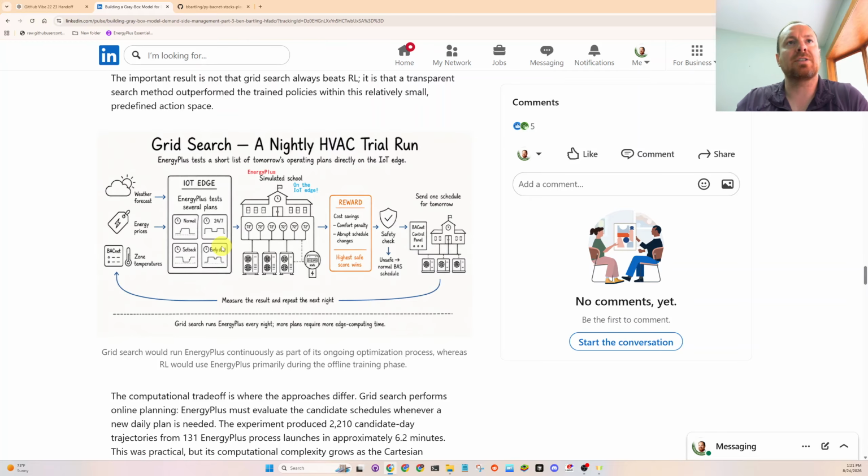That would be ingesting weather forecasts and energy prices, iterating on this calibrated model, and running a reward policy. Then we would set the building automation schedule, wait the entire day, and do it all over again tomorrow, factoring in that reward policy. So that was grid search, and I could get the best results doing this versus reinforcement learning.